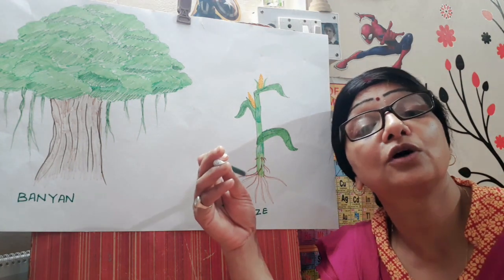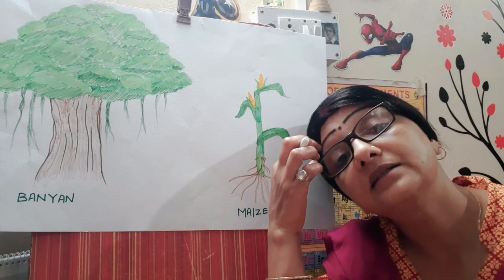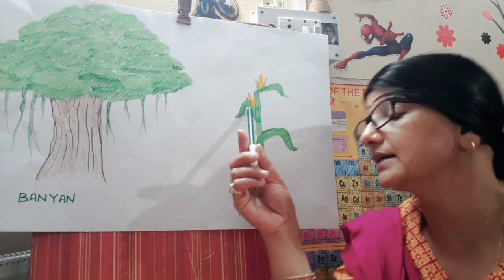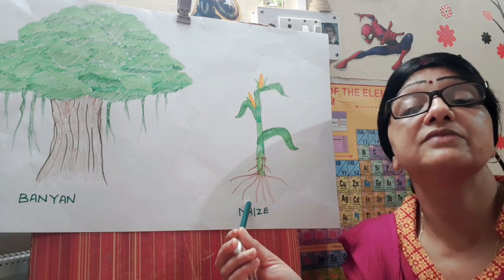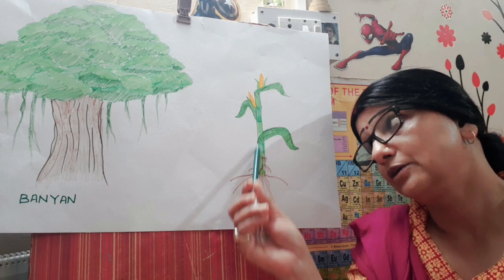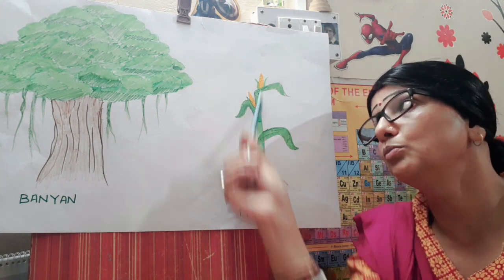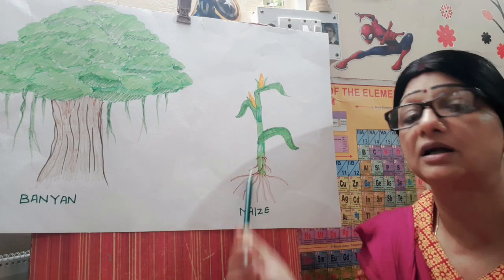Like that in case of maize also. In maize, this plant has a very thin stem, and this stem cannot hold the whole plant in the soil, and these roots are not strong enough to hold the plant in the soil.